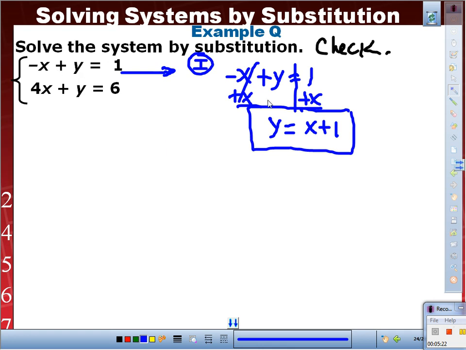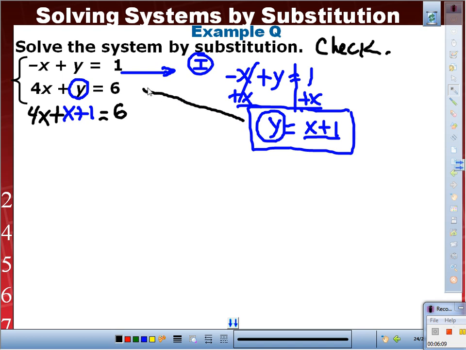Okay, you already used the first one. Now I'm going to go to the second one. That was step 2.